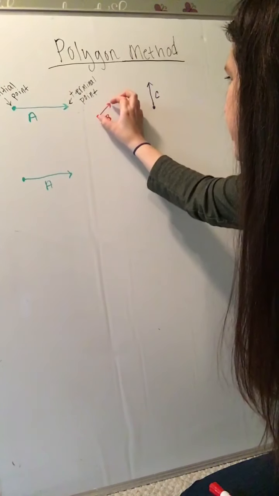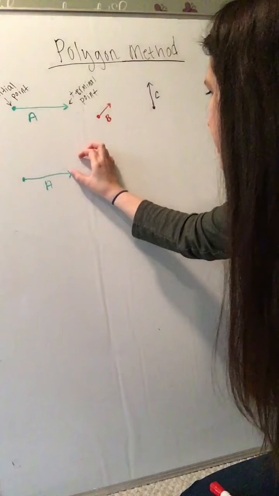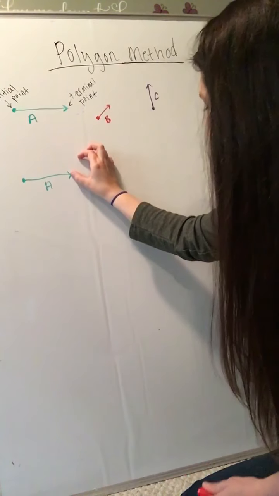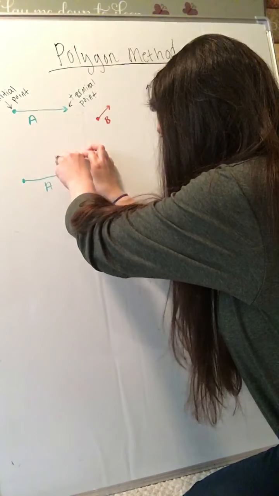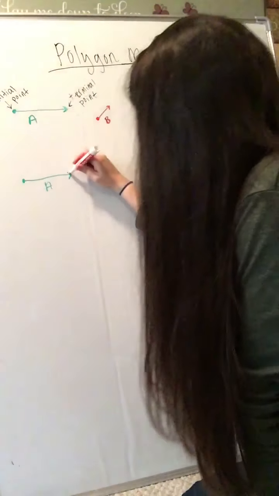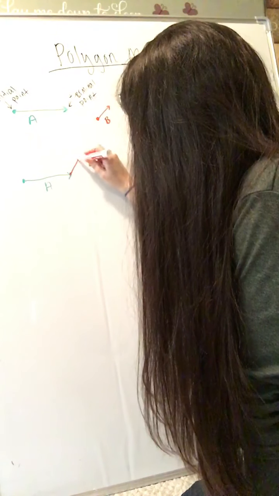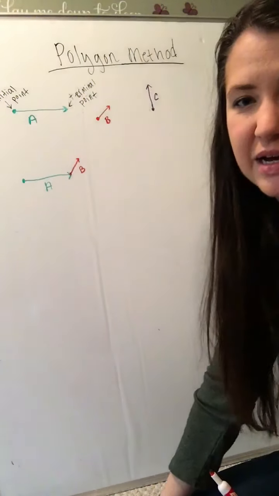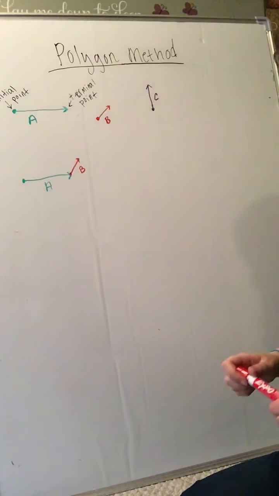I'm going to use my hands to make this as good as I can. So it looks like it ends right about there, and you would put vector B like this. Now you have it set up so that you could add the vectors together.